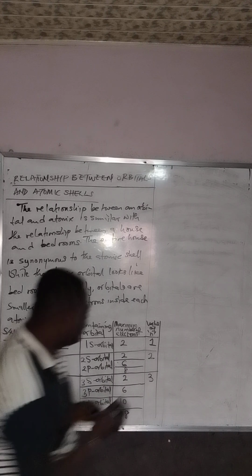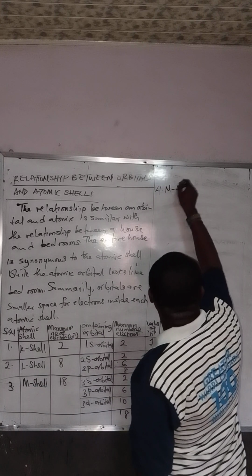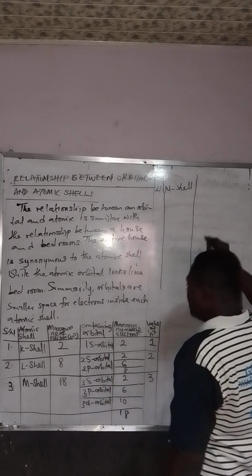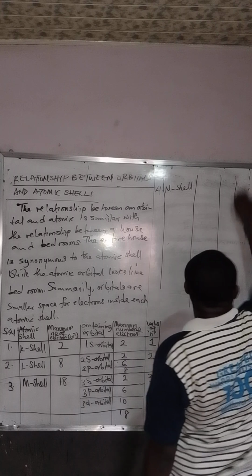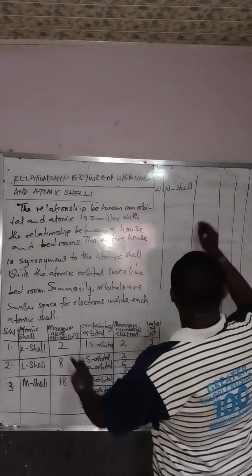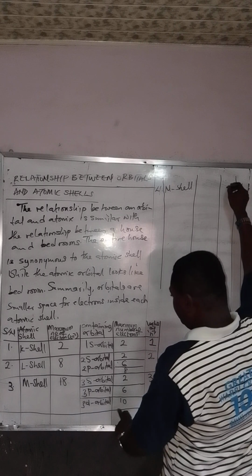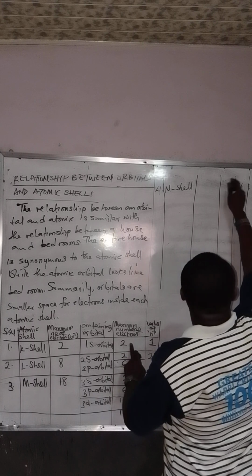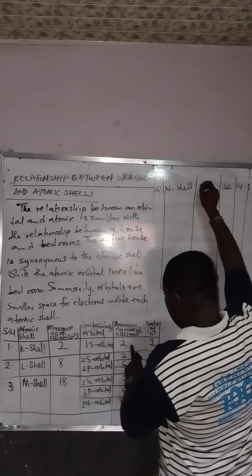So then lastly, number 4 is N shell. In the case of N shell, the principal quantum number is 4. So put 4 inside the formula here. You have 32. Then what does it contain?